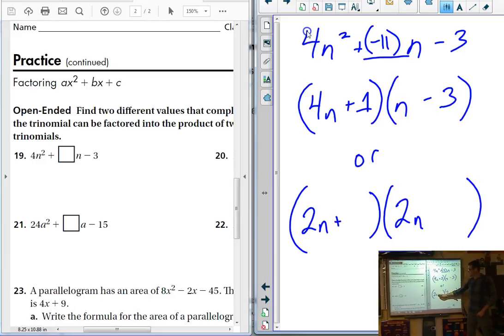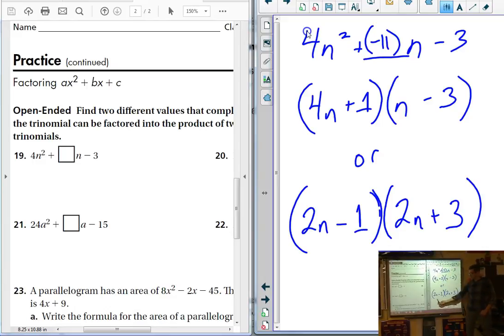I still could do positive 1, negative 3, or... Answers can vary, short answer. If I do a negative 1 and a positive 3, does that work to get my negative 3? Does it work to get my 4n squared? Then what's your middle coefficient?